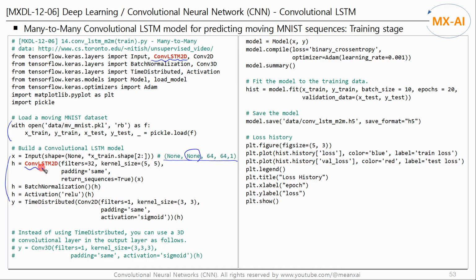Add the ConvLSTM2D layer from Keras. Since this is a many-to-many model, set the return sequences argument to true. And the output layer uses a time-distributed 2D convolutional layer. Instead of using a time-distributed 2D convolutional layer, we can use a 3D convolutional layer in the output layer as follows.